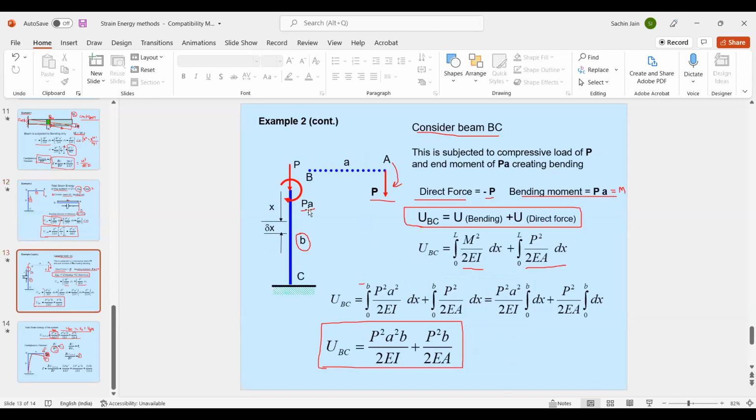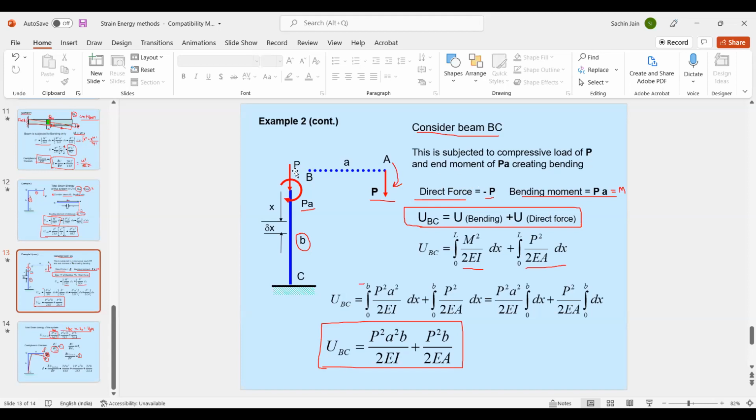Now, for calculating the forces in the second member, just transfer this force P to the point B. Transferring the force P gives the force P as well as a moment of arm length A. So P into A will be the moment in the clockwise direction, and this is the force P acting on the member. So the direct force will be minus P, because it is in compression, and the bending moment will be PA.